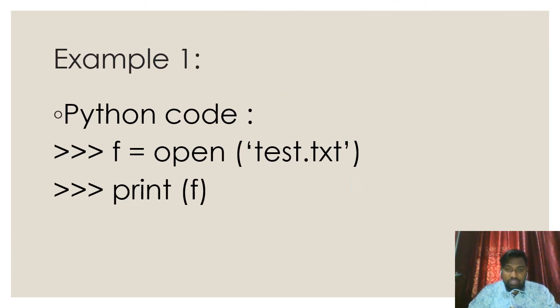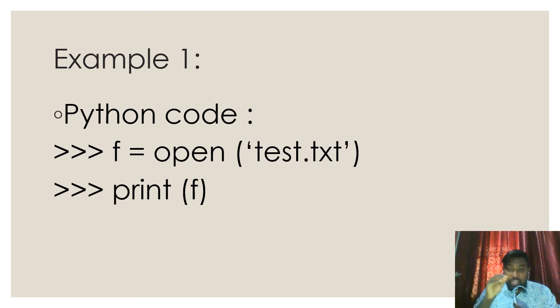First example. I'm going to have a first example of Python code. F is a file variable. I'm going to store the access in the variable f. So f equals open of test.txt, which is a text file, in a mode. By default, what is the default mode?